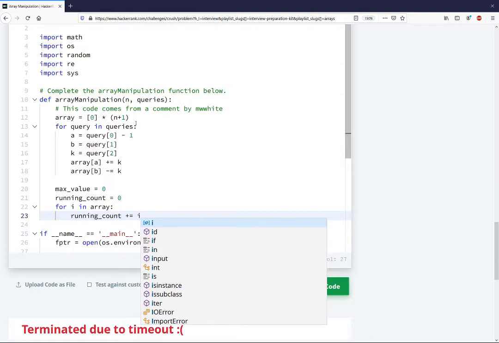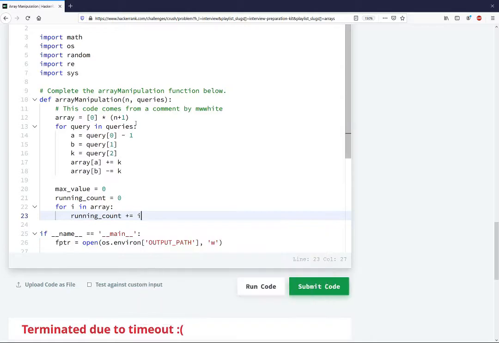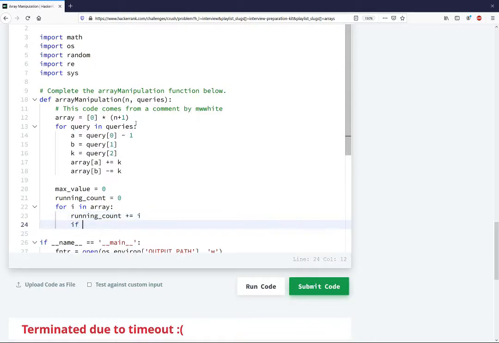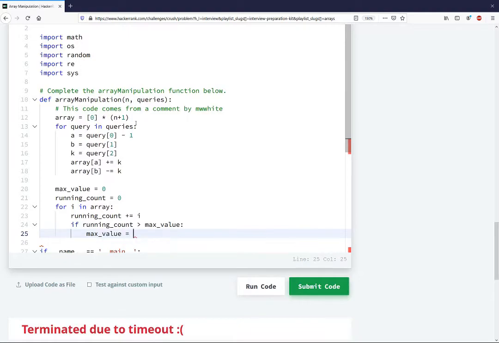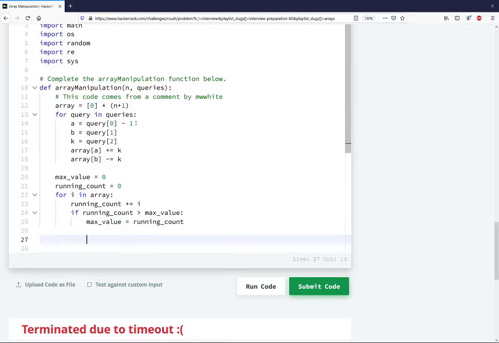So this could increase the running count, decrease it, depending on if this particular value in array is positive or negative, or it could stay the same, it could be 0. And then if the running count has increased enough to where it's beyond the max value, then we're going to set the max value to running count. And then we're going to return the max value.